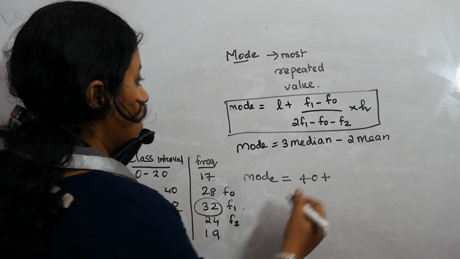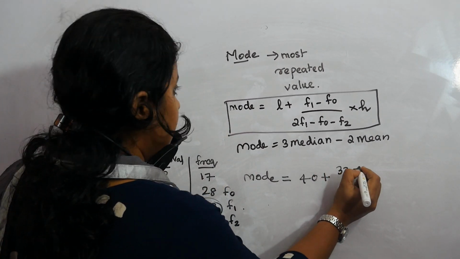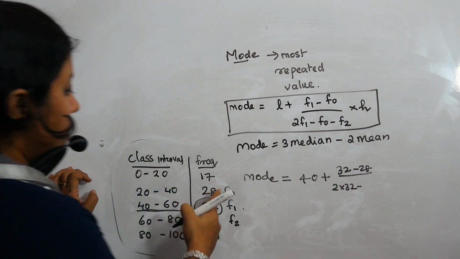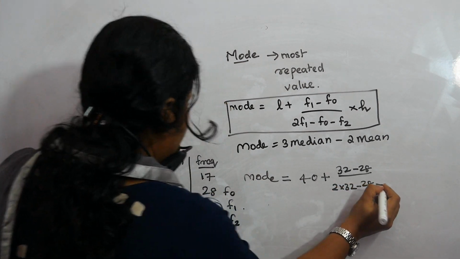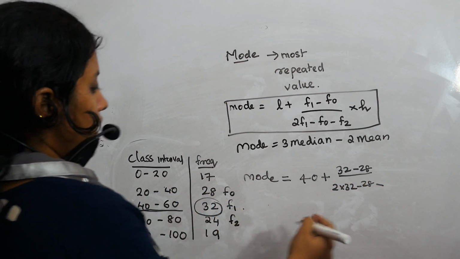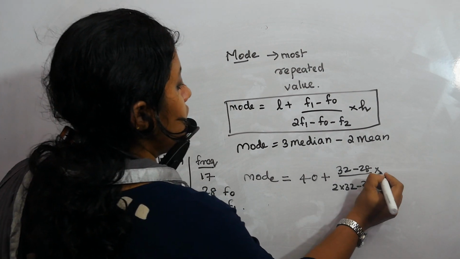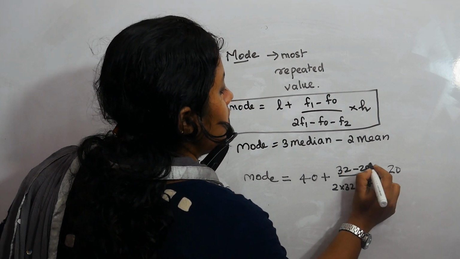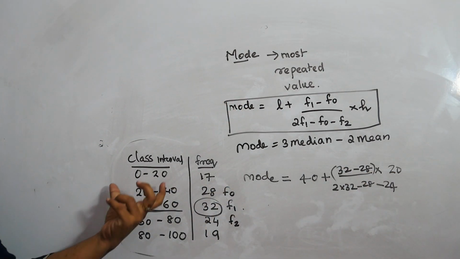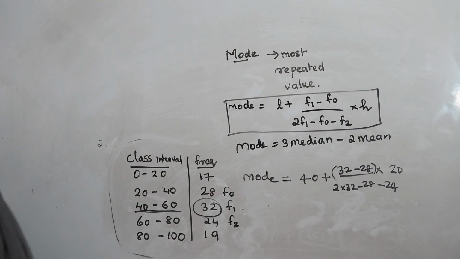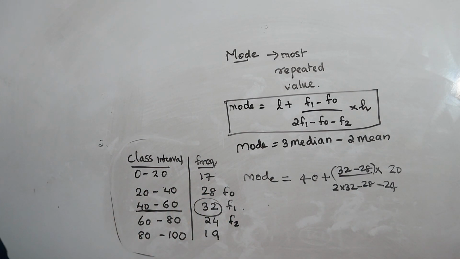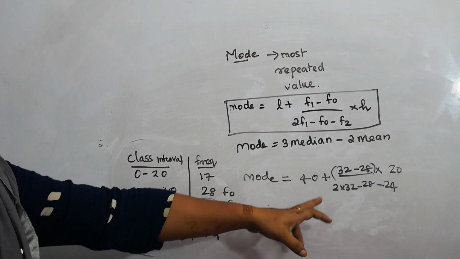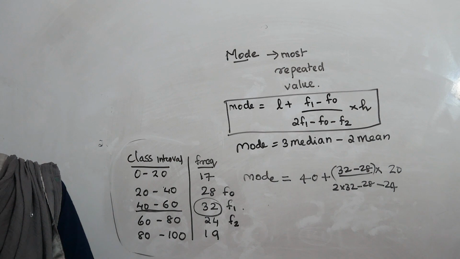Now just substitute here. F1 is 32 minus F0 which is 28, divided by 2 into 32 minus 28 minus F2 which is 24, into H. H is the class interval length, here 20. So 40 plus (32 minus 28) by (64 minus 28 minus 24) into 20.